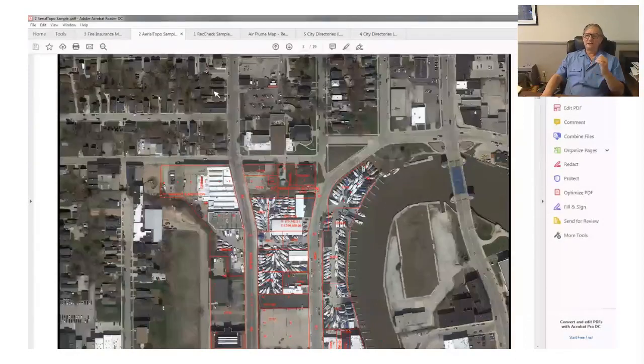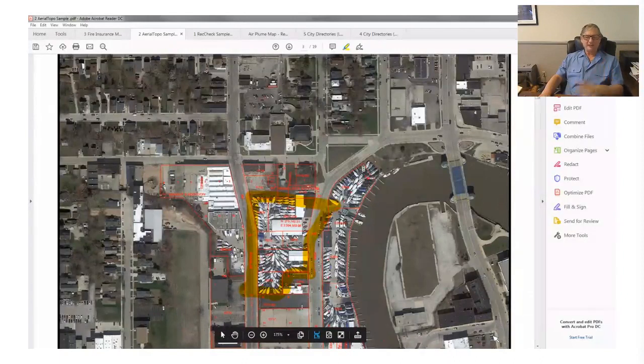Well, sometimes a property is made up of several different parcels, and to ensure you're on the right site, you need a parcel map. In this case, the subject property goes down like that and then goes like that.